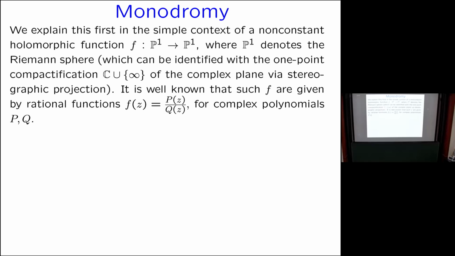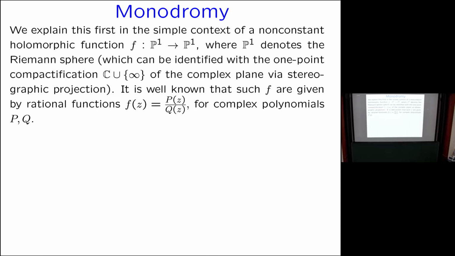Okay, so now f is holomorphic. Of course you have to understand what a holomorphic function from P1 to P1 is, and it's well known that such holomorphic functions are given by rational functions. So f of z is p of z over q of z for complex polynomials p and q.